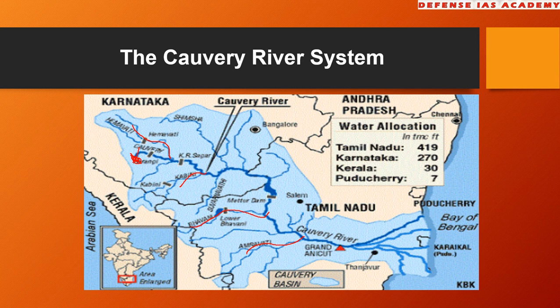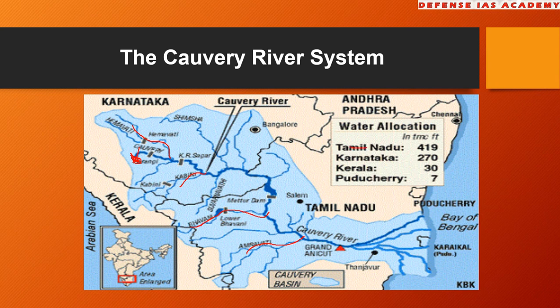Then you have the Lokapavani, the Noyal and the Tirtha, all coming into the main river Cauvery.